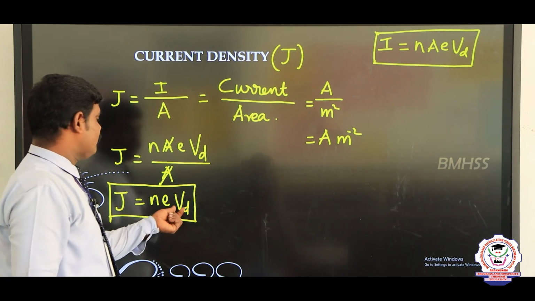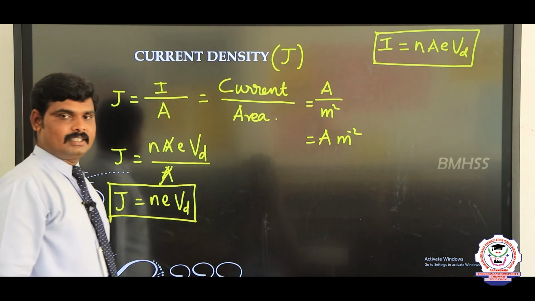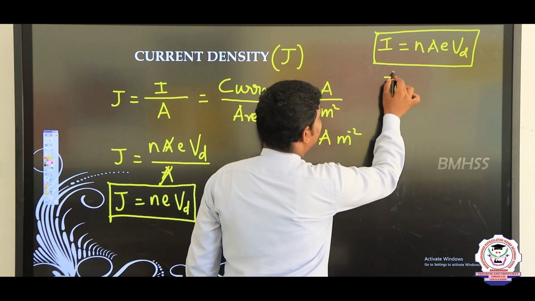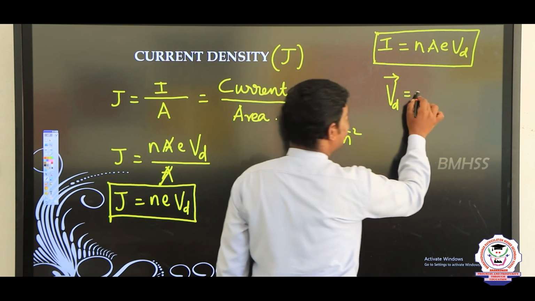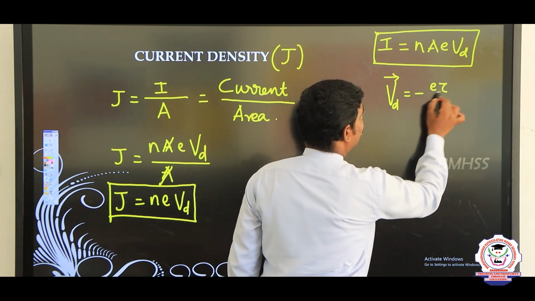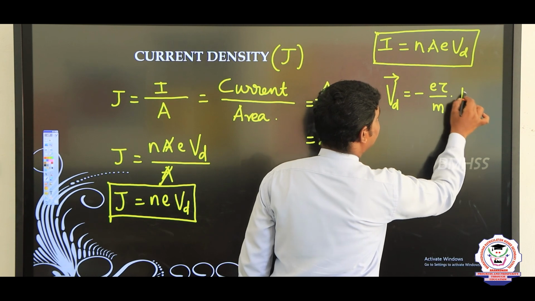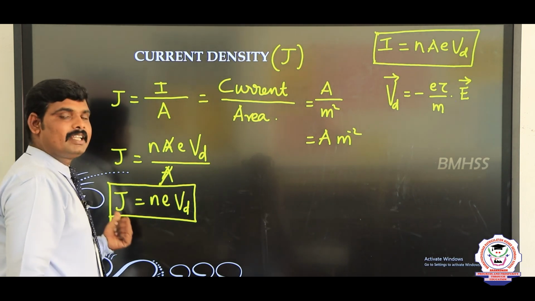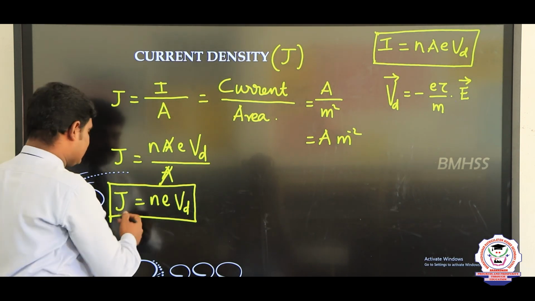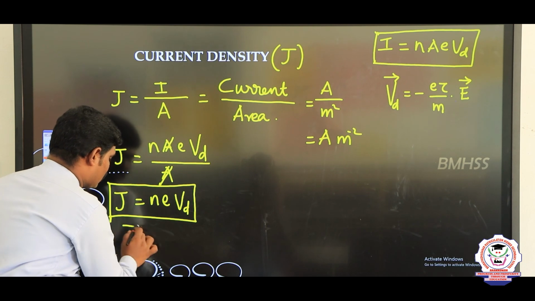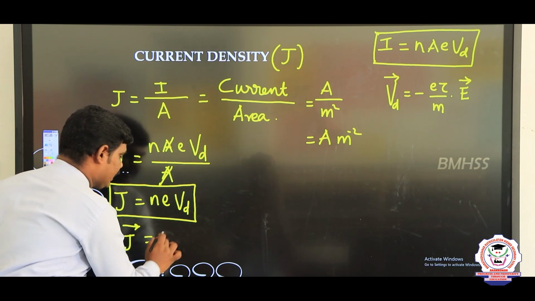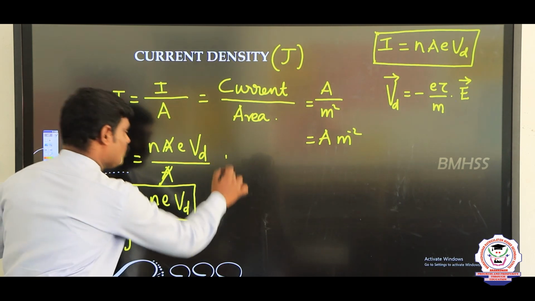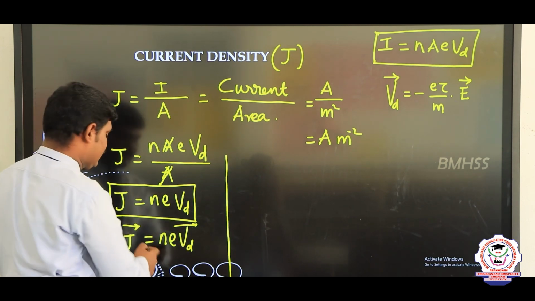But in this equation we have to substitute the drift velocity. The general formula is Vd vector equal to minus e tau by m into E vector. The drift velocity is a vector quantity, not a scalar quantity, so we should write this formula in vector form. So J vector is equal to n into e into Vd vector. Now substitute this Vd in this equation.